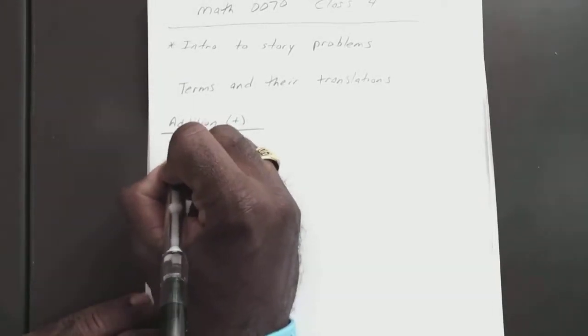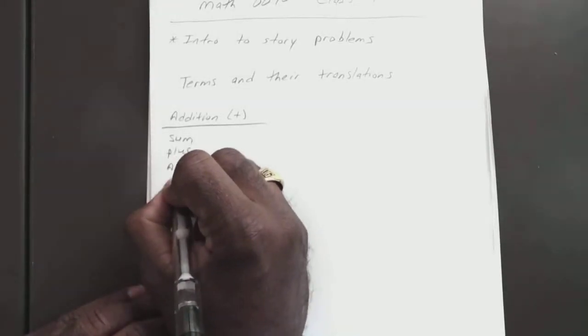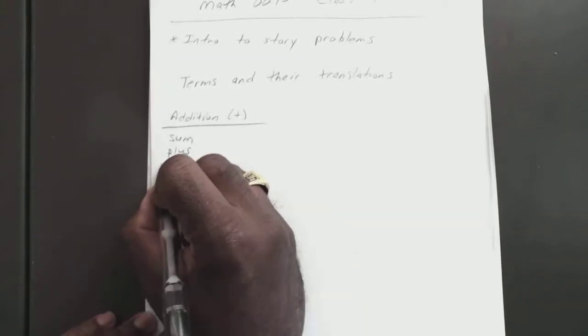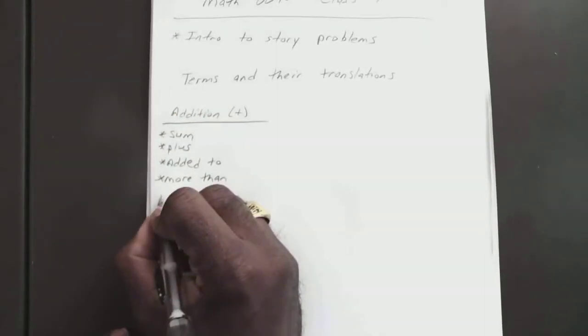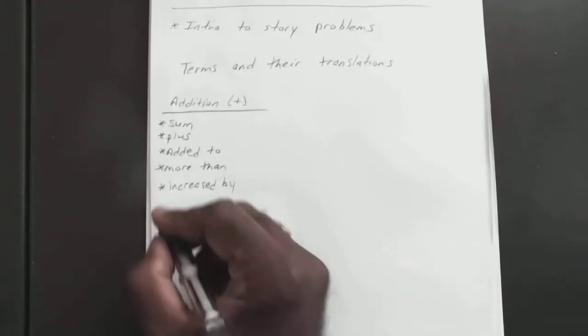If you see the word sum, or the word plus, or they're just really blatant and you see added to, or more than, or increased by, or total, all of those are just roundabout ways of telling you you're going to be adding something. You kind of put a little star next to each one.